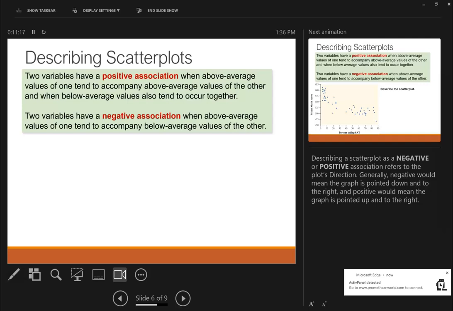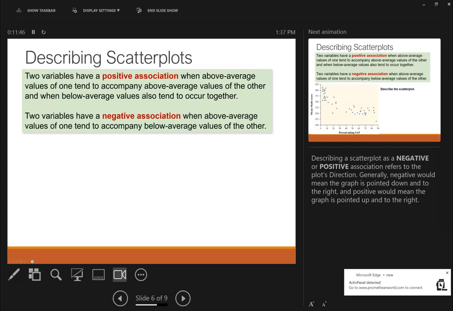What does a scatter plot with a positive association look like? Looks like the data is trending upward from left to right, like it has a positive slope. What would negative association look like? A negative slope. It's trending downward from left to right. And what would no association look like? Flat, or it just looks like a splat, like a random scattering of stuff with no discernible patterns.